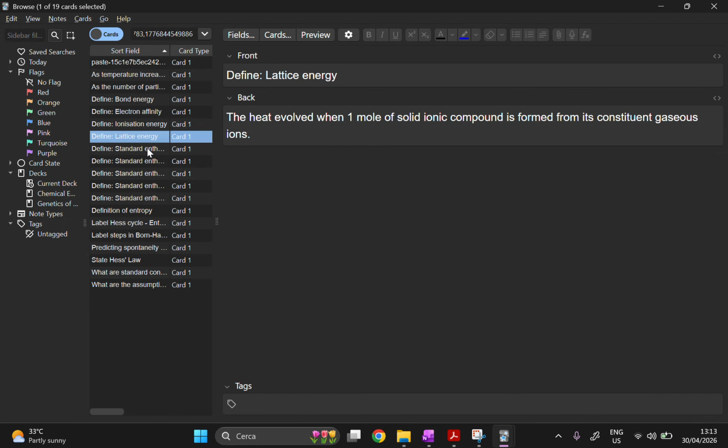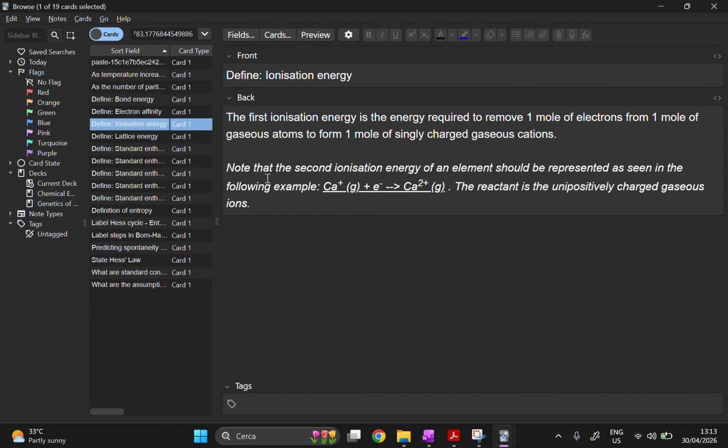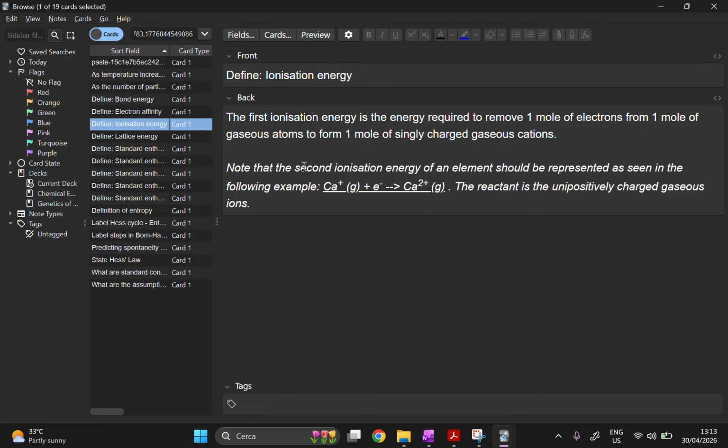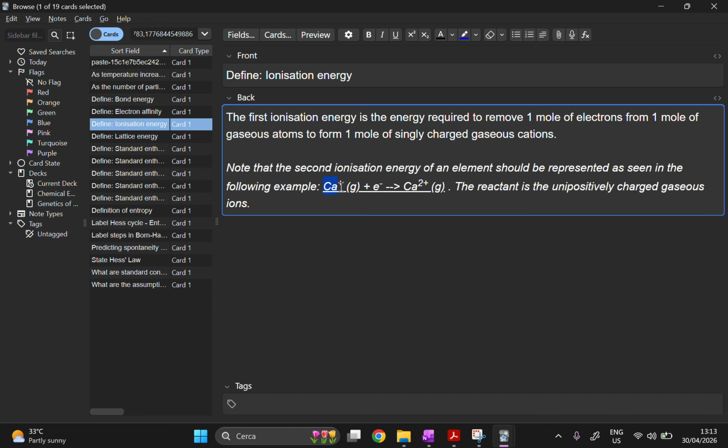Please also note that the first IE is you go from the gaseous atom to the singly charged ion. So singly charged means it's just plus. But the second IE is you start from the unipositively charged ion and then you go to 2 plus.